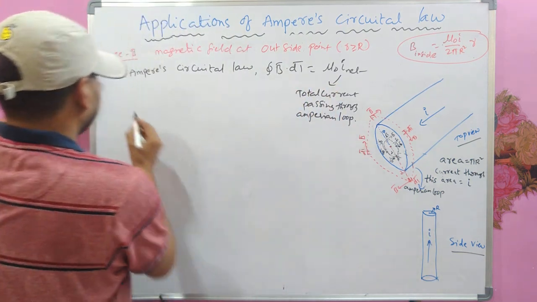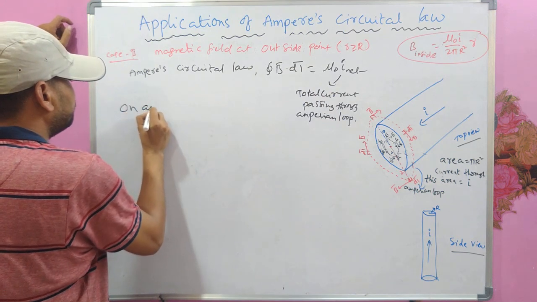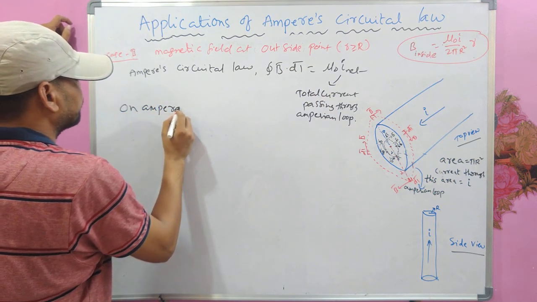So on this Amperian loop, what did we observe?